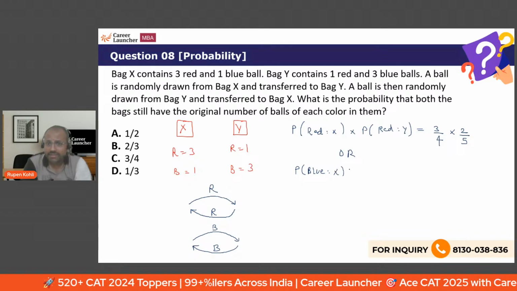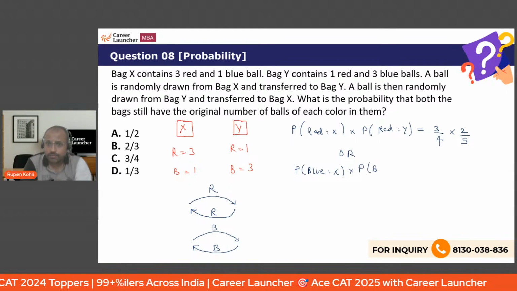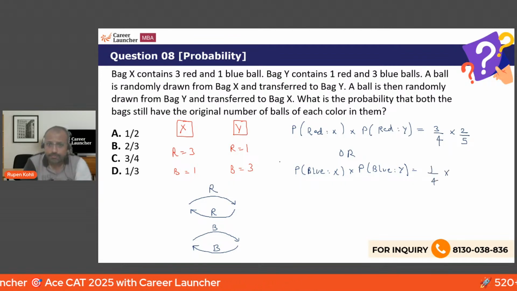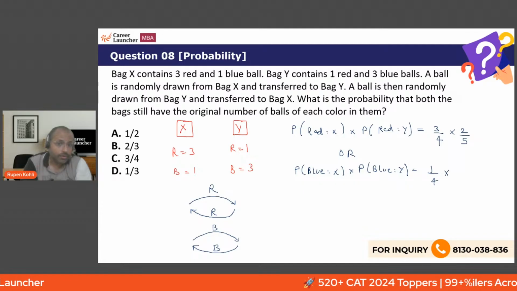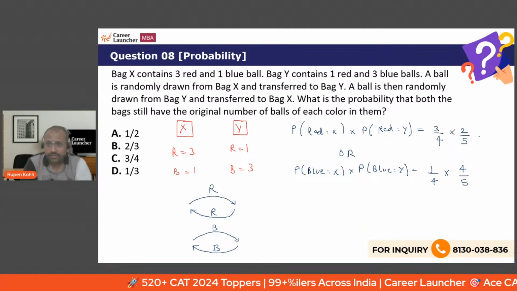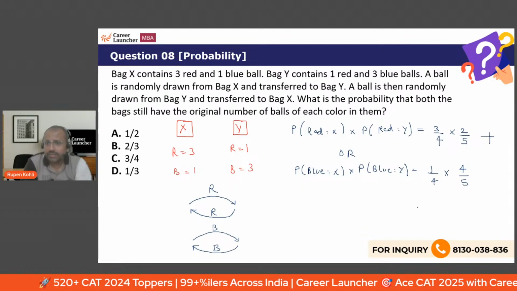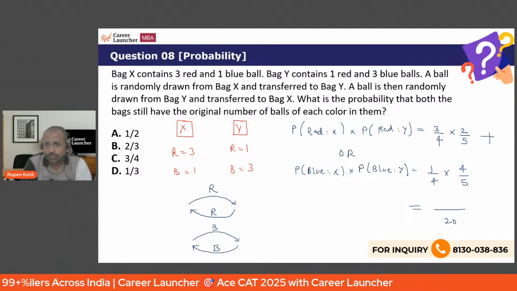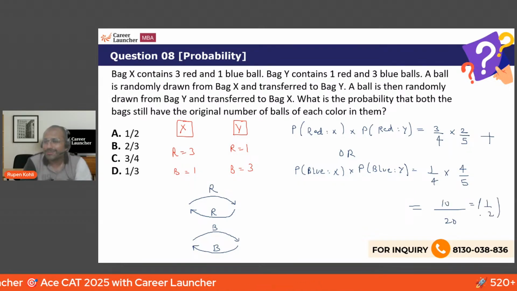Blue from X and again blue from Y, right? Blue from X, probability is 1 on 4. If blue comes over here, then 4 balls are now blue out of total 5, so 4 by 5. So this plus this, which is 4 into 5, 20, and 3 into 2, 6, plus 4, 10, 10 by 20, or half. Isn't it?